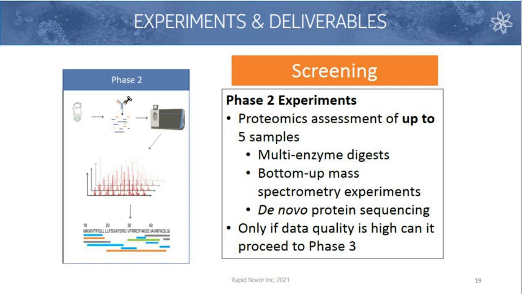Of course, we do reference a genomic database, but ultimately the data does stand on its own two feet with respect to being a de novo protein sequencing analysis. And it's only if this phase 2 screening is positive for a sample of interest that we will allow it to proceed and move into phase 3, where the probability of success is significantly higher.